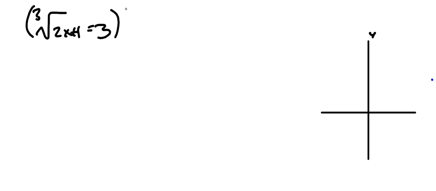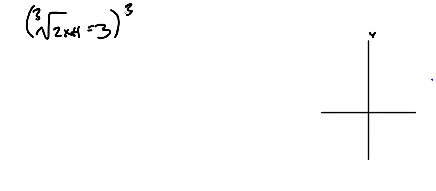What we're going to do is, let's say we have this situation. The cube root of 2x plus 1 is equal to 3. So let's use some basic algebra to cube this entire thing.